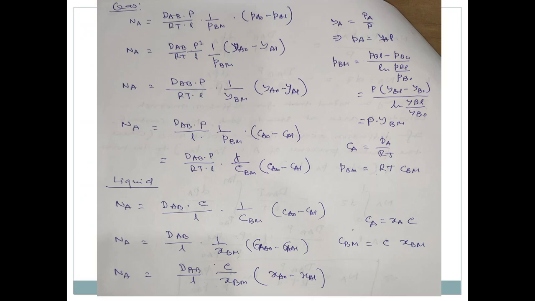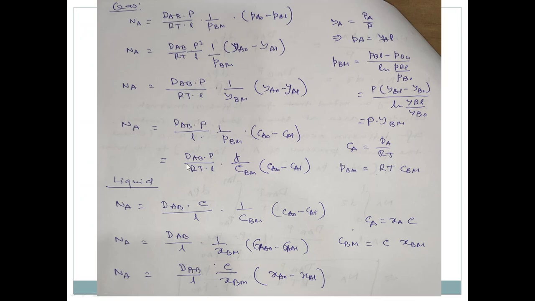Okay. Now what is C? C equal to P by RT, that is equal to C. P by RT equal to C. Okay. And CBM will be into CA0 minus CAL.